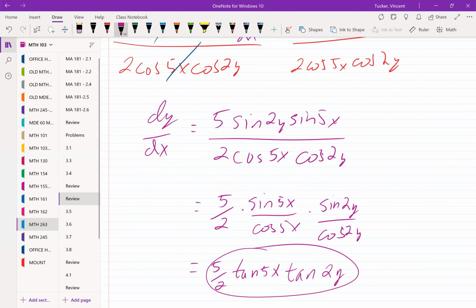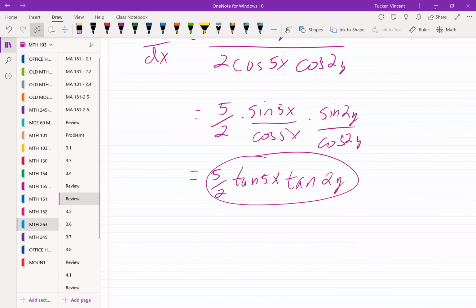All right. Let's look at the next one. All right, so that's number 6. Once again, implicit differentiation.